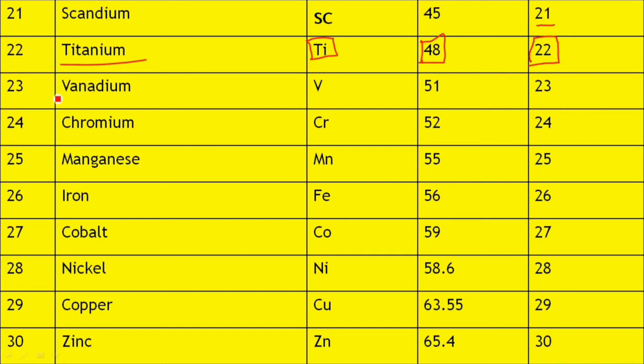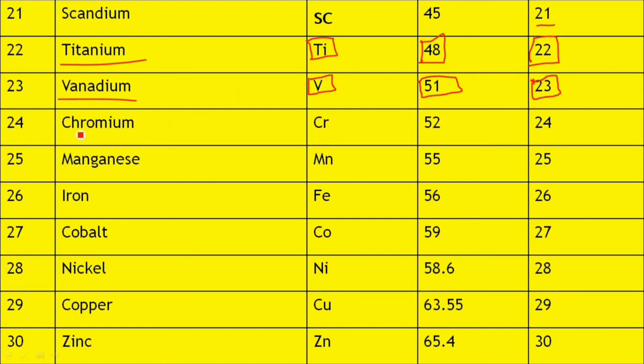And next, the 23rd element is vanadium. Its symbol is V. Its atomic weight is 51 and its atomic number is 23.